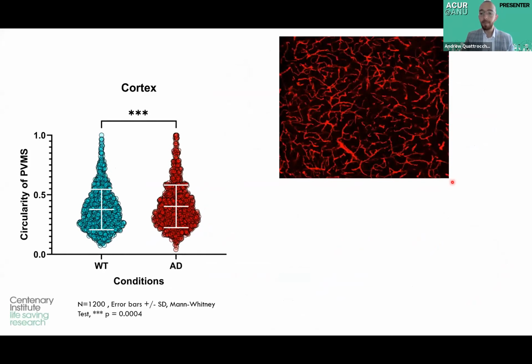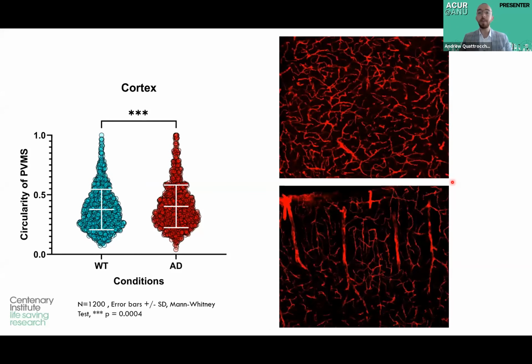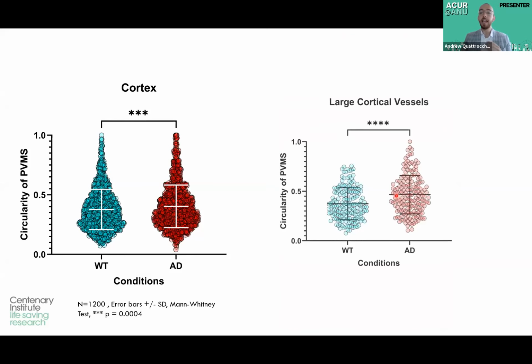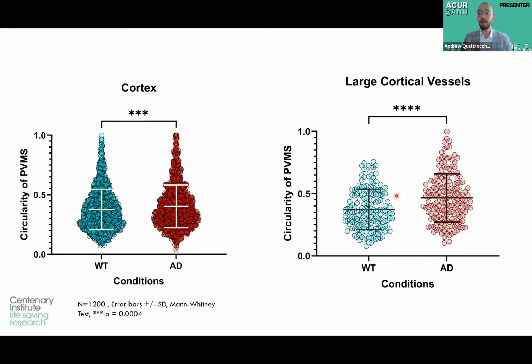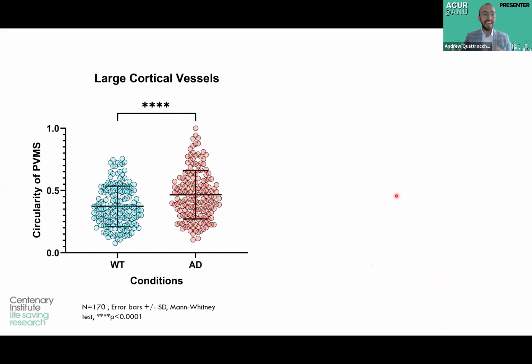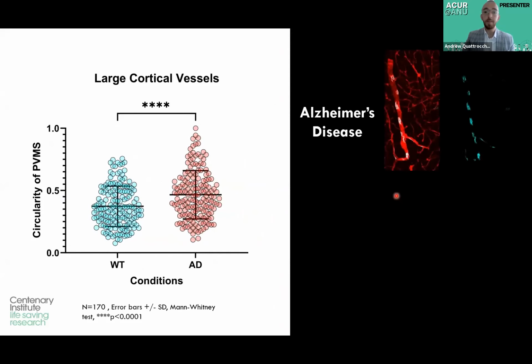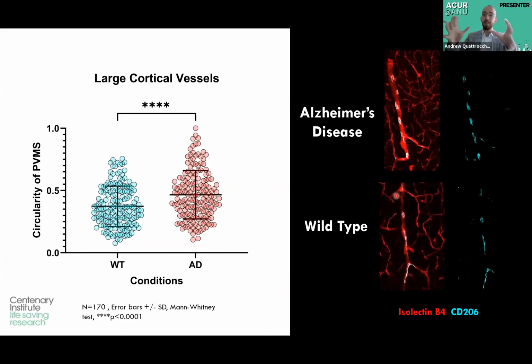I looked at different types of vessels, because it is known that PVMs like to sit on larger vessels, specifically the arteries and the venules, compared to the microvasculature. What I found was that this increase in circularity can be accounted for by the perivascular macrophages located on the large vasculature. So, in Alzheimer's disease, compared to wild type, we see the perivascular macrophages have a more amoeboid retracted morphology compared to the more traditional elongated morphology seen in the wild type mice.